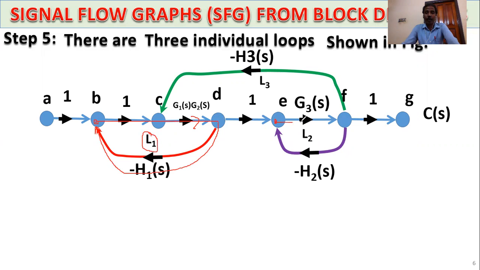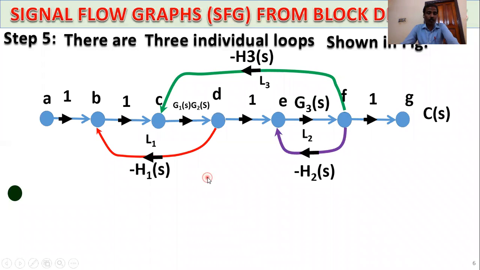Again, this is the starting point, and this is the unidirectional feedback, and again return to this point. So this is the second loop. And another loop, L3. This is the starting point, and this is the loop direction. So L1, L2, and L3, total number of loops equals 3.